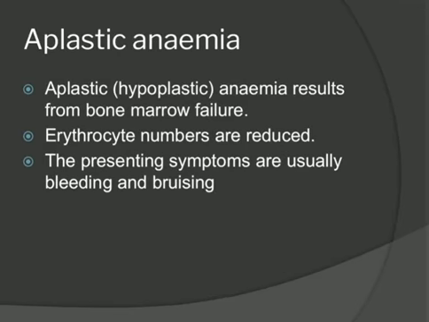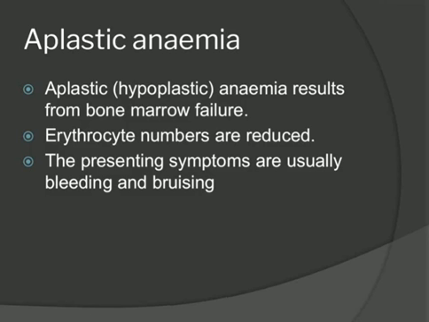Now, the next type of anemia is aplastic anemia. Aplastic anemia is also termed hypoplastic anemia. This mainly results from bone marrow failure. Right? Now, erythrocyte numbers are reduced. Since the bone marrow also produces leukocytes and platelets, leukopenia, which is a low WBC count, and thrombocytopenia, which is a low platelet count, are likely to occur.